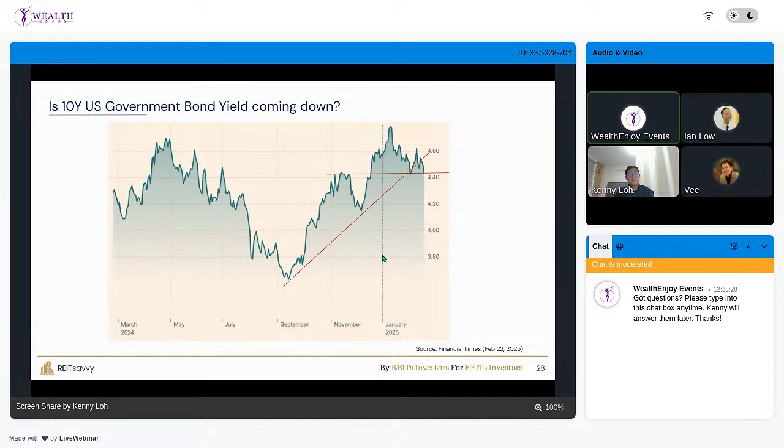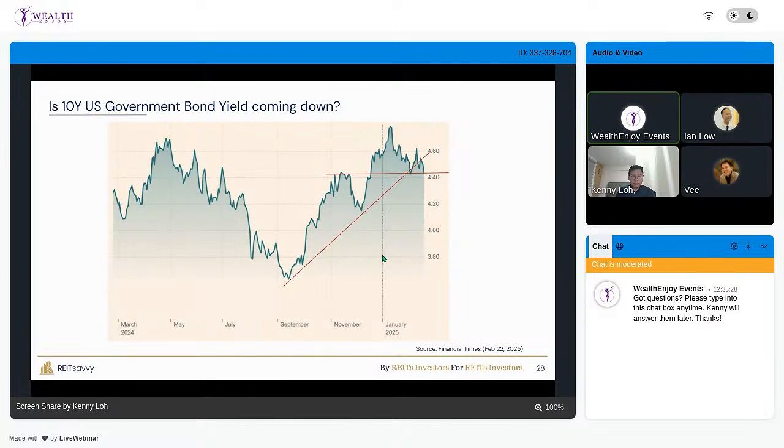If we recall what Warren Buffett says, when there's blood on the street is when you go bargain hunting. Now, because the rate was supposed to come down, and it did come down, there was a bit of a REIT rally last year, right, Kenny? But it fizzled off because the rate came down and then went back up again, because it became higher for longer. So REITs got whacked again.